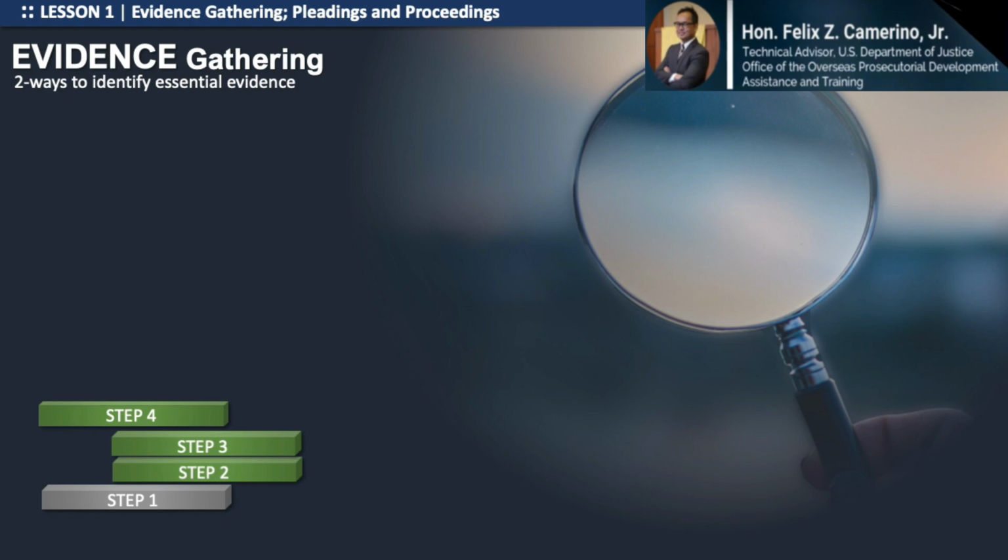So the second way of identifying the essential evidence and determining how to gather and preserve such evidence would stem from that baseline, from the facts that are initially given to you. So that would be the second way of coming up with those answers. Two ways, right? So let's get even more specific and look at the first way first. Before we jump into exactly how to do that, let's just do a quick review of our activities on step 1.